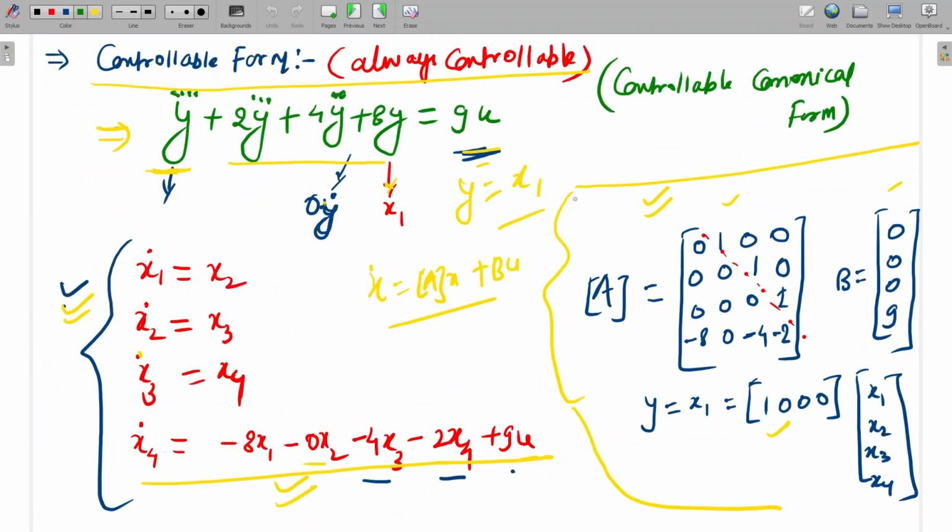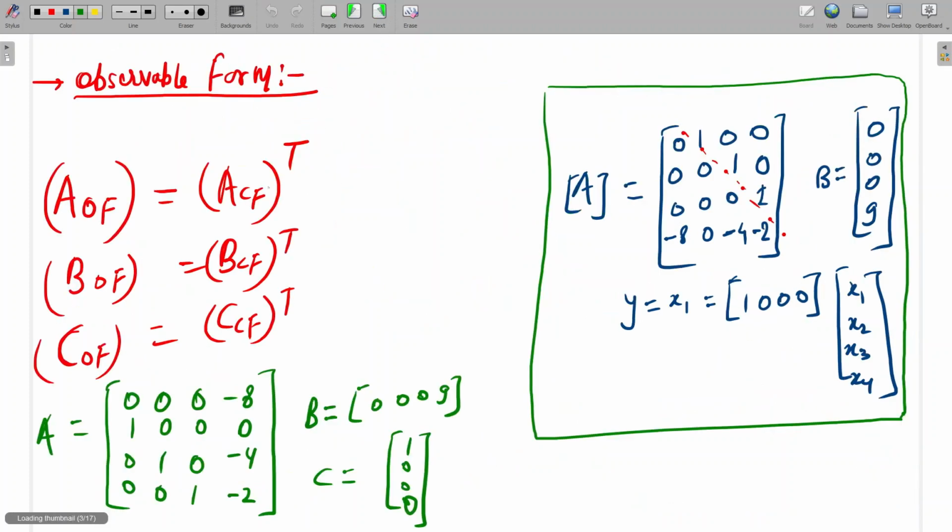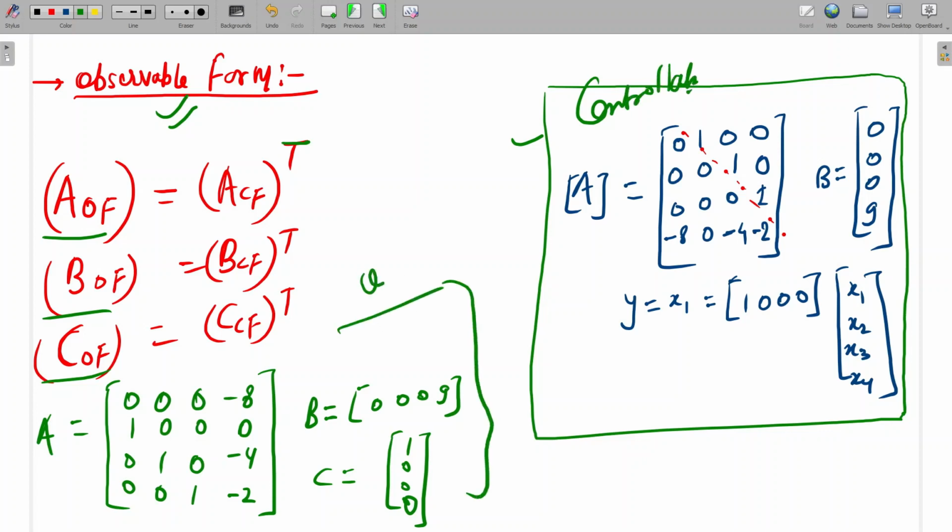We should remember this method: we write the controllable form, then take the transpose. The transpose of the controllable form will be the observable form. So to write the matrix in observable form for the same system, I have taken the transpose. This is the controllable form for the same system, and this is the observable form.